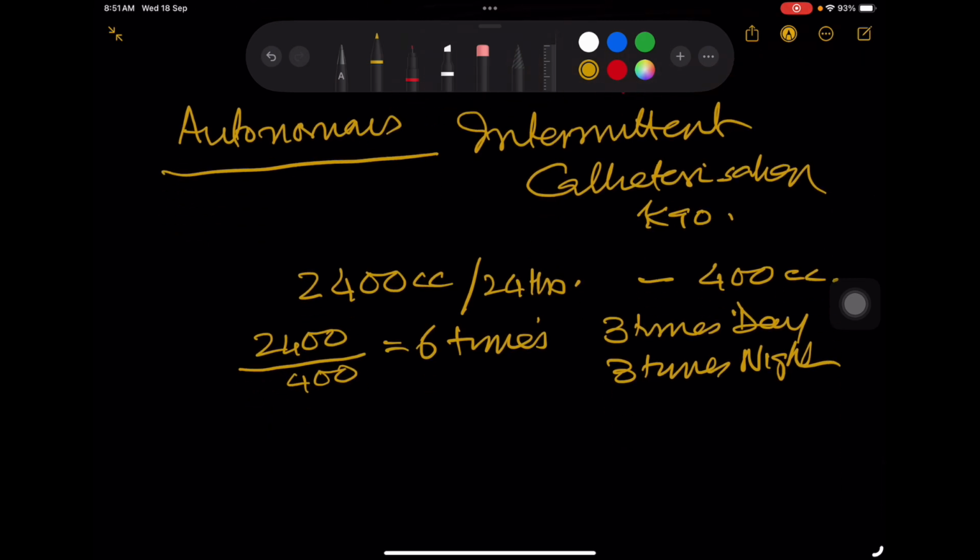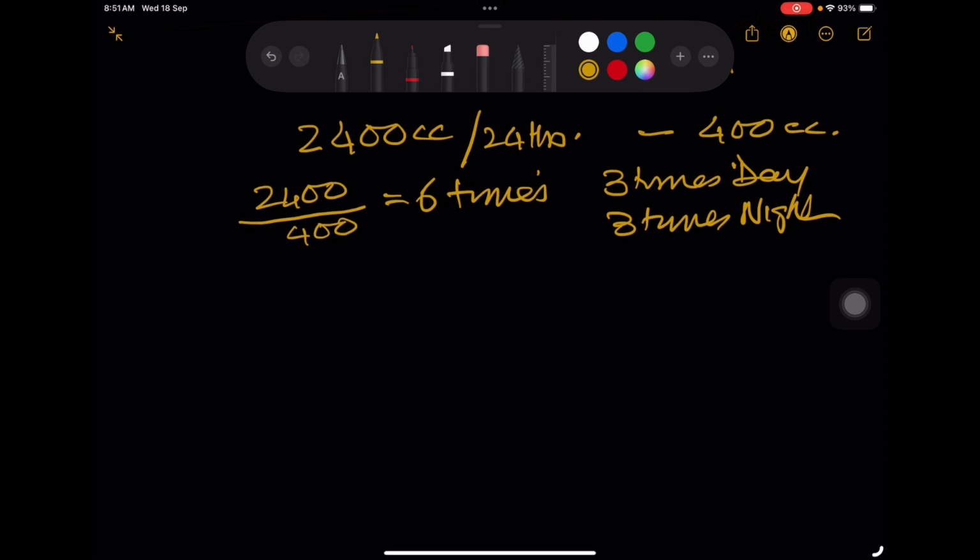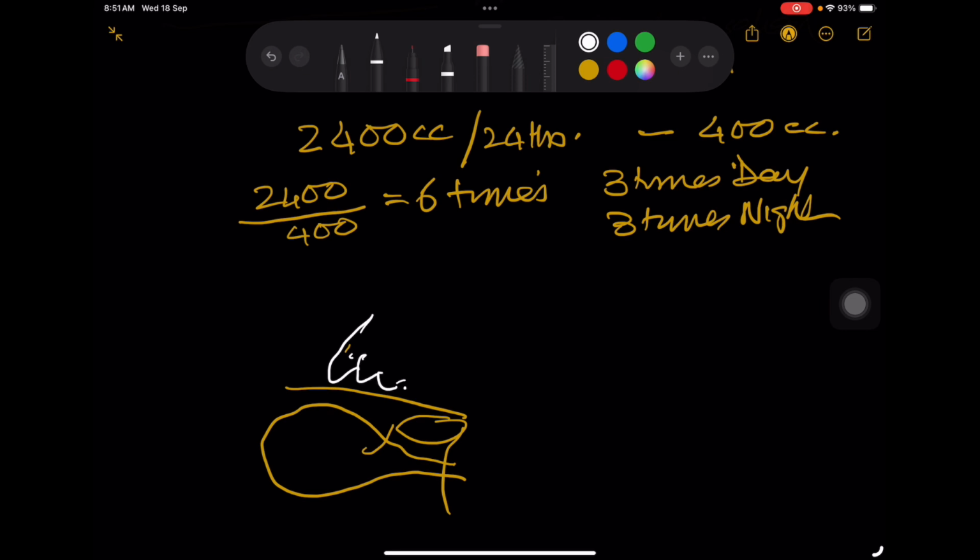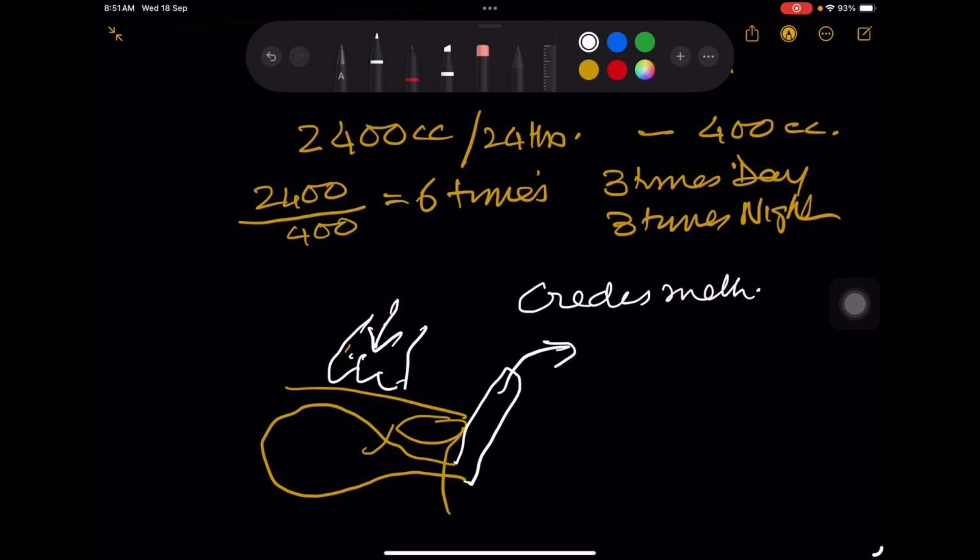And what you actually do is that if this is the pubic symphysis and here is the bladder, then you put your fist on this point and press, and you evacuate. This is known as Credé's method of evacuation.